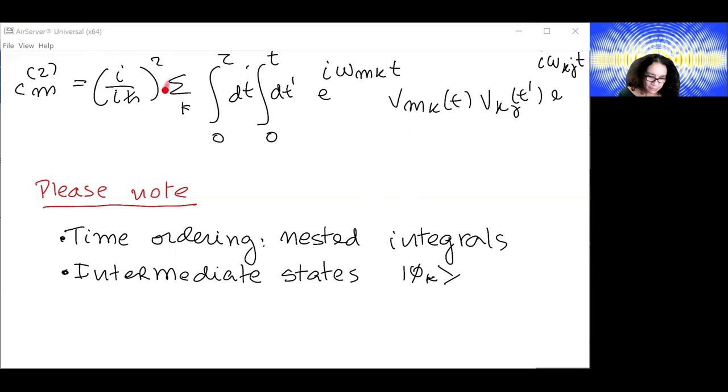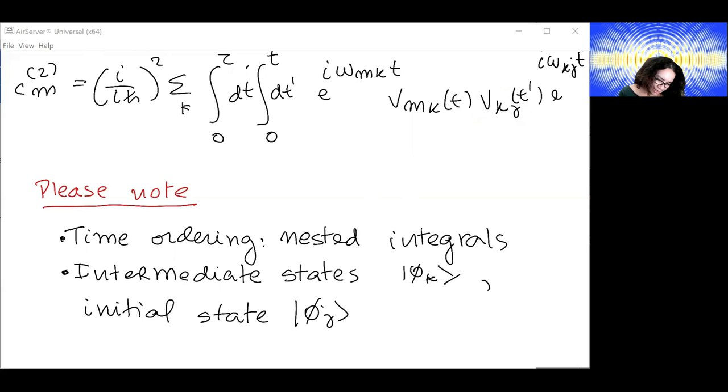You see this from the sum over k, and you see this from this transition amplitude that goes from the initial state j to this k, and then from k to m, and these matrix elements. And I'm going to write that we know the initial state phi j, final state phi m.